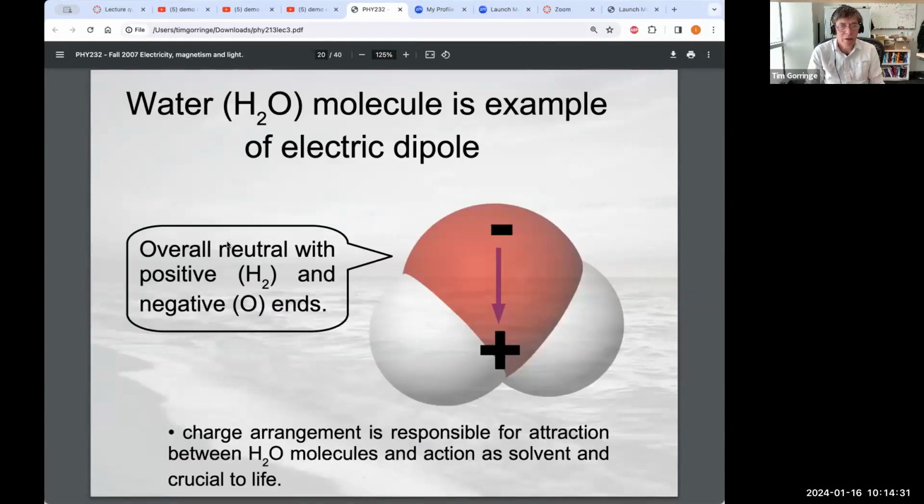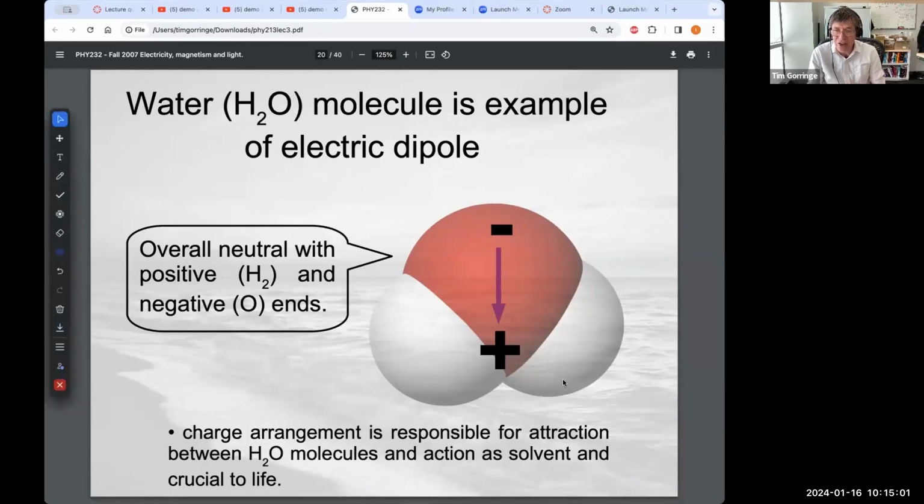If I was asked on the street what the most famous electrical dipole was, I would definitely say the water molecule. The water molecule, as you know better than I, because you've done chemistry and I did it 50 years ago, is made of hydrogen and oxygen, H2O. Here's a picture of the water molecule.